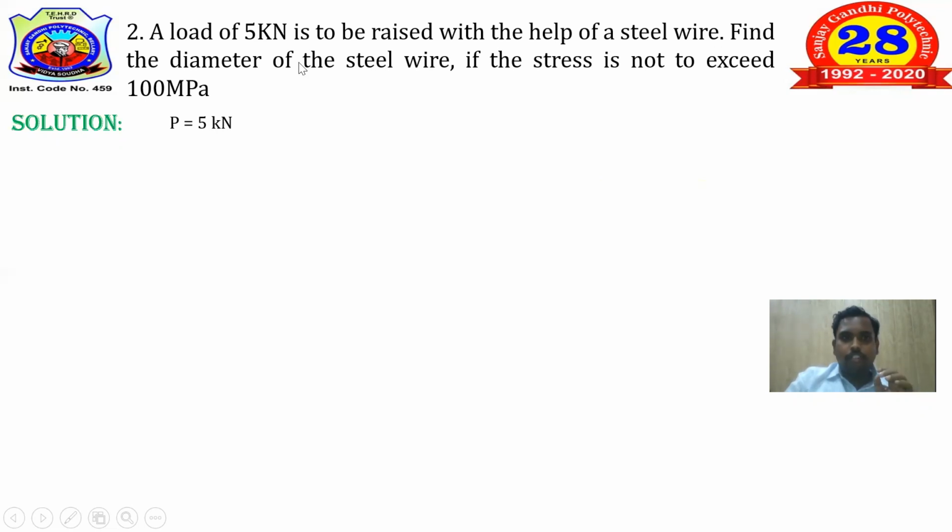Find the diameter of the steel wire, so D equals question mark. If the stress is not to exceed 100 megapascal, it means the value of stress is 100 megapascal.